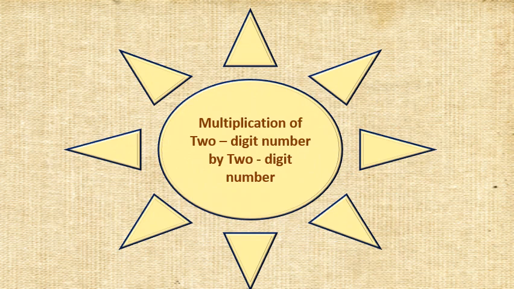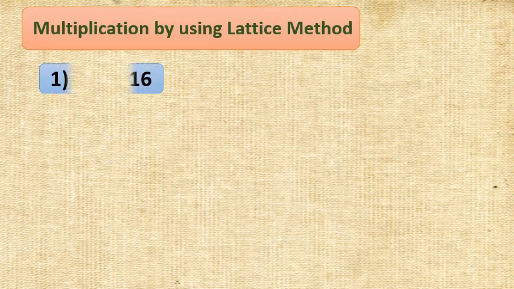Now multiplication of a 2-digit number by a 2-digit number. Okay, here we will take 2-digit multiplication by 2-digit. See here, I have taken 44 multiplied by 16. Both have units place and both have tens place, so we will expand both the numbers.